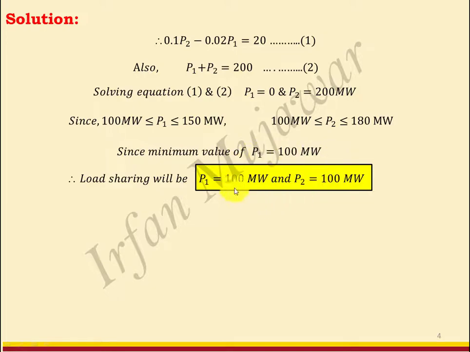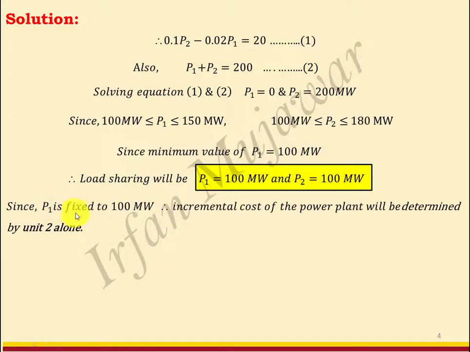Okay, so these are the values of P1 and P2. Now the problem also asks us to determine the incremental fuel cost. P1 is fixed at 100 megawatt, at its minimum limit. Therefore the incremental cost of the power plant will be determined by unit 2 alone.